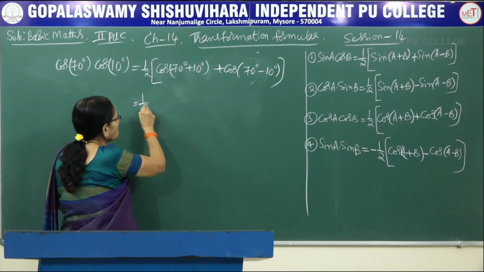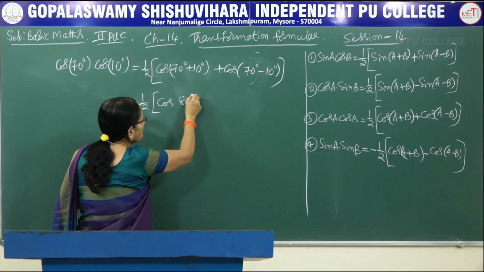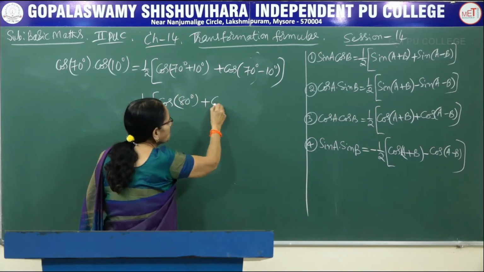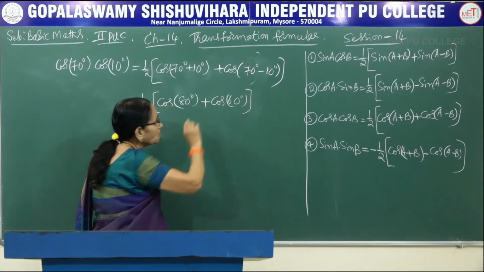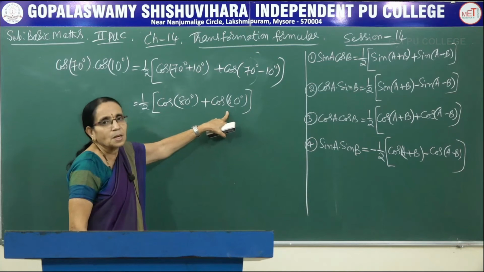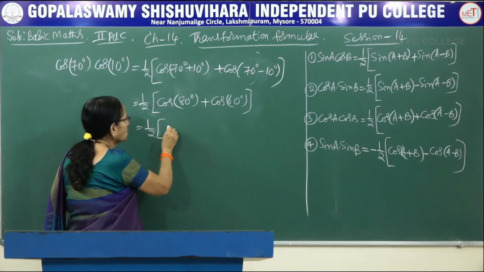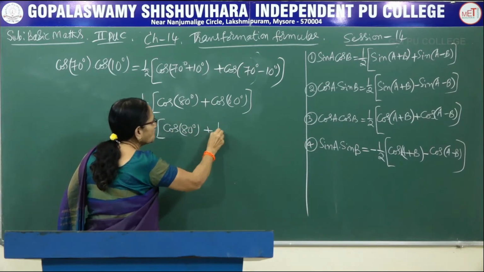So it is half of cos of 70 plus 10, that would be 80 degrees, and 70 minus 10, that is 60 degrees. But here in this problem, because some actual value is given, cos 60 being a standard value, you can write the actual value. It is half of cos of 80, and what is cos 60?